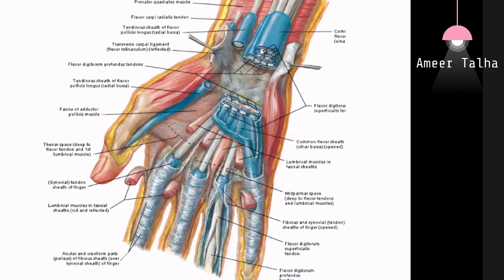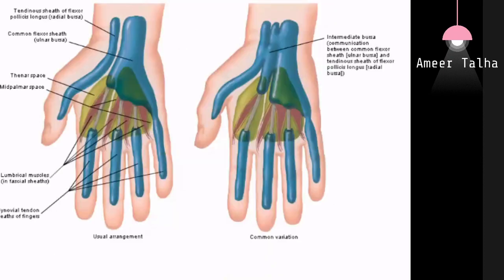Correct. So this synovial sheath covering the muscle tendons with the space having the synovial fluid are the radial and the ulnar bursa. And between these underlying muscles and this membrane, this is the radial bursa, mid-palmar space and the thenar space. So that differentiation should be remembered.